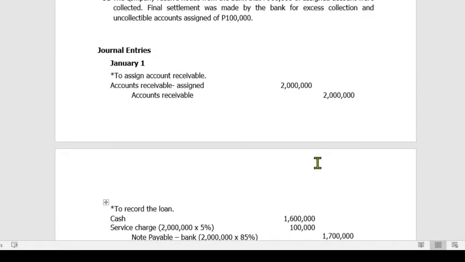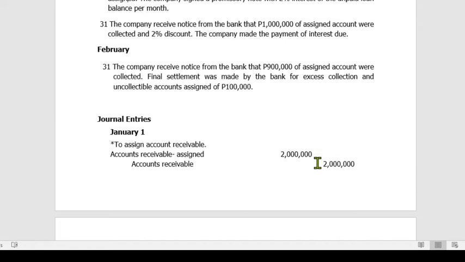Okay, now let's proceed to January 31. The company received notice from the bank. 'Di ba? Naka-receive ng notice si company from the bank that 1 million of the assigned account were collected. So, 'di ba under the notification basis, sino na ang nagkokolekta? Si bangko na.